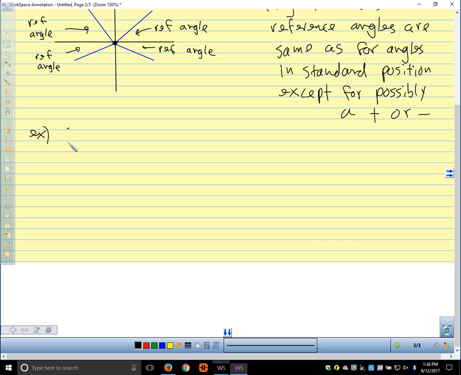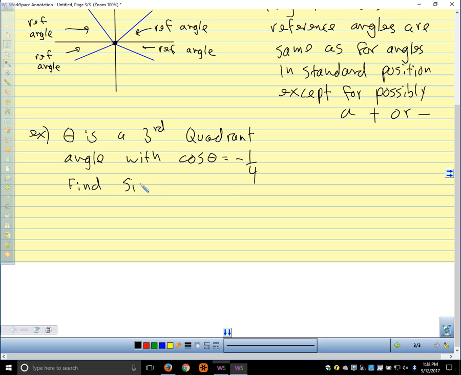All right, so we're going to say theta is a third quadrant angle with cosine theta equals -1/4. Find sine theta and tangent theta.